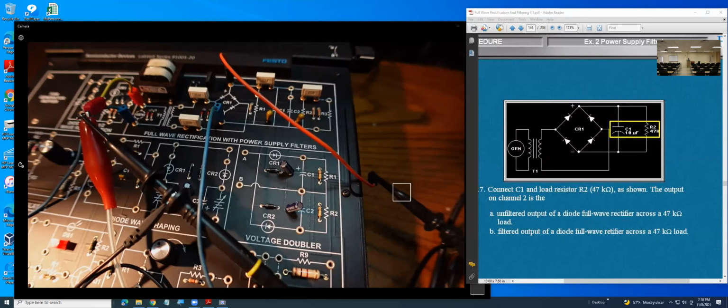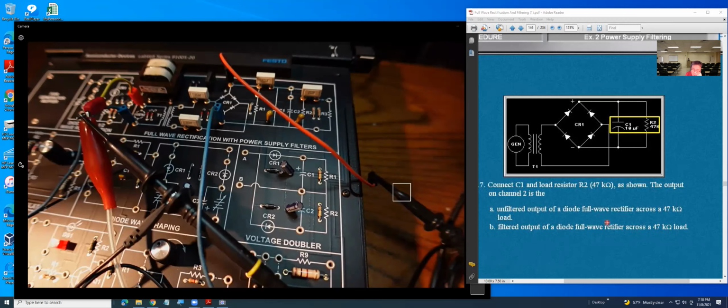And what else do they want? Filter output of a diode full wave across them.